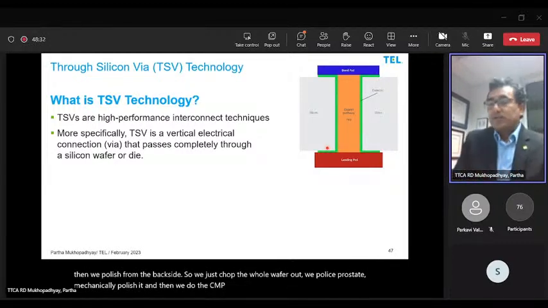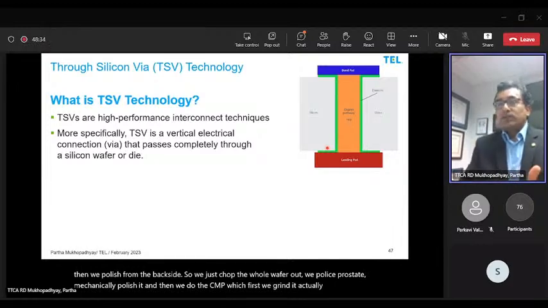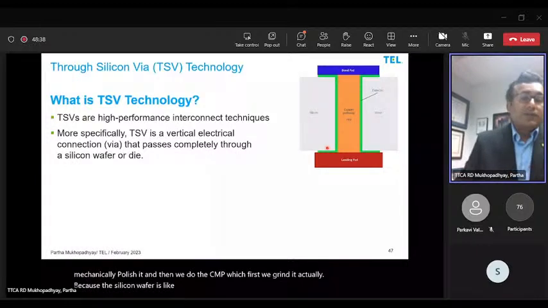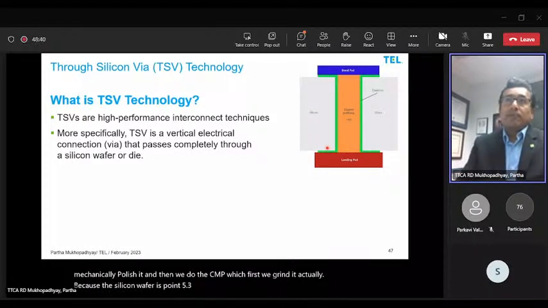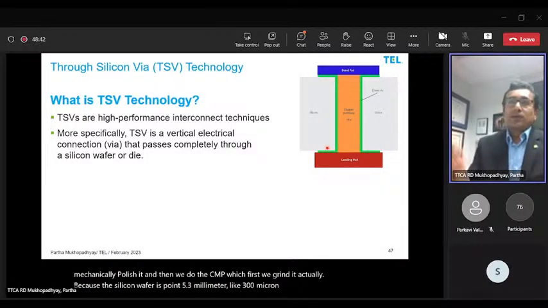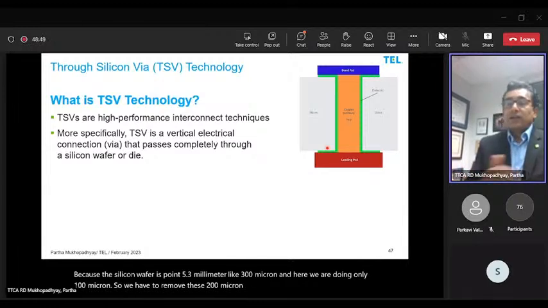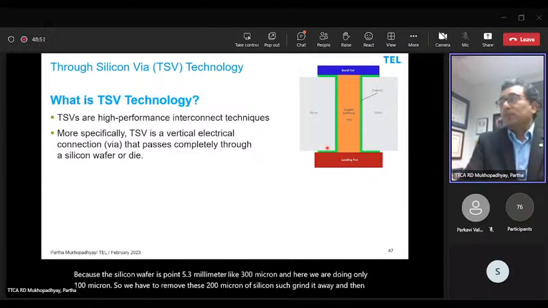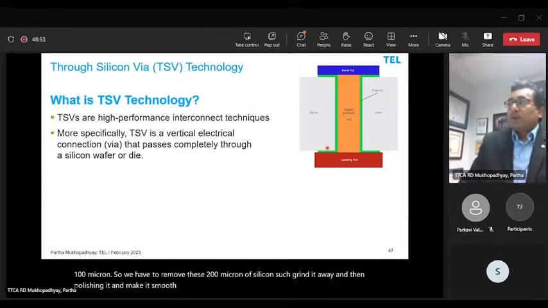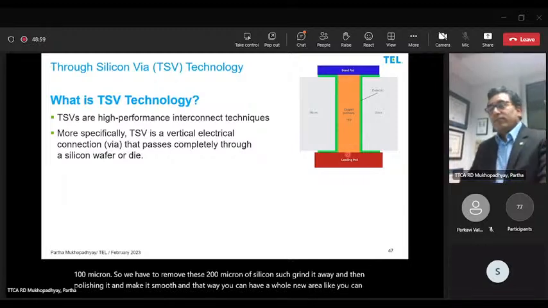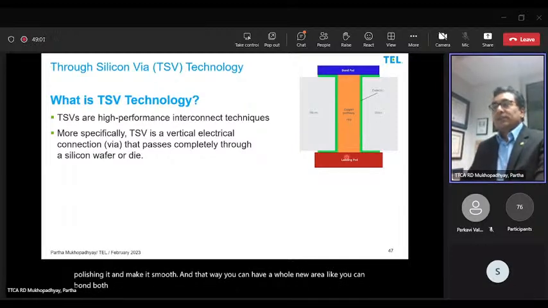The silicon wafer is like 0.5, 0.3 millimeter, 300 micron, and here we are doing only 100 micron. So we have to remove this 200 micron of silicon, just grind it away, and then polish it and make it smooth. That way you can have a whole new area, like you can bond both sides. So that's the beauty of TSV.